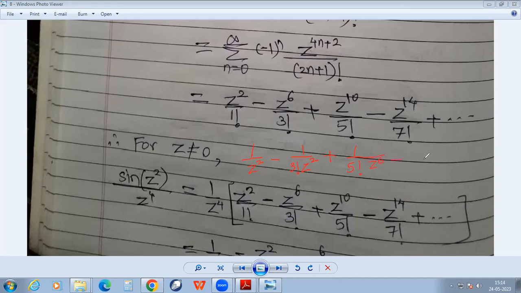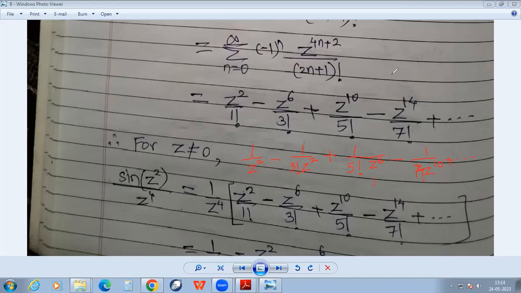Then there is a minus sign. z raised to 14 upon z raised to 4, so we'll have z raised to 10 in the denominator. There is 7 factorial here and numerator is 1, plus and so on. So this was expected and we have reached the same.